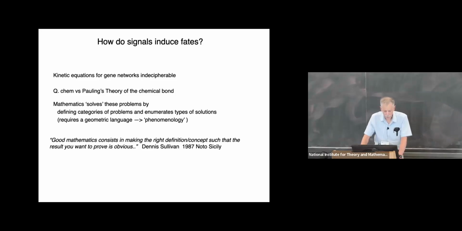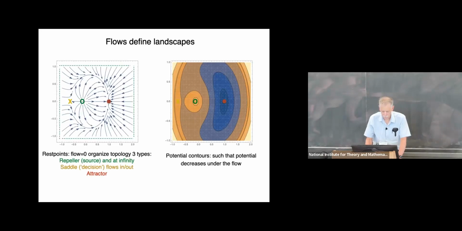And mathematics deals with these problems by defining categories of problems and enumerating the types of solutions, which I will show you in this context. Another example being actually the stability of planetary motions, which is a separate story. And this quip from Dennis Sullivan is actually very insightful, although it seems frivolous.